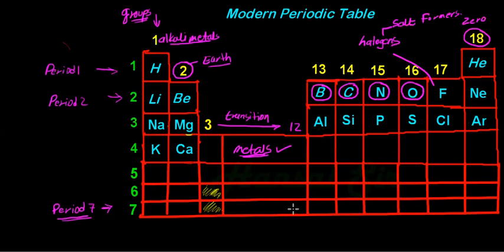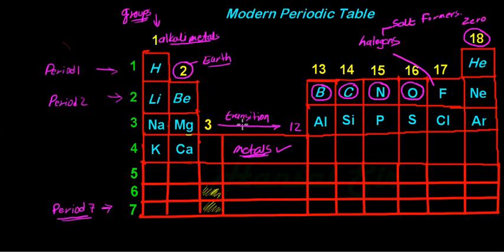Now the elements of group 1, 2, 13, 14, 15, 16 and 17 are known as representative elements.